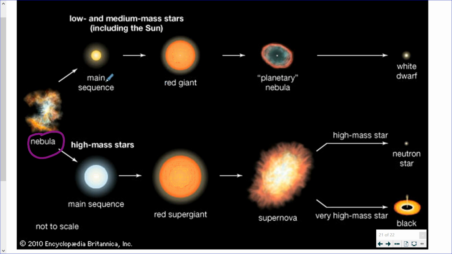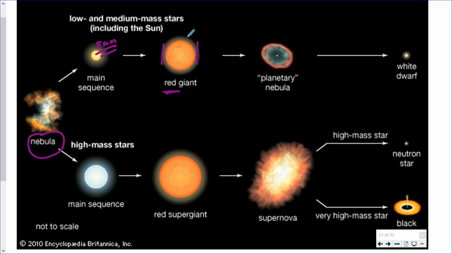For the main sequence stars, and especially if we're talking about our sun, we think that eventually, when it uses up more and more of its fuel, it's going to go through this cycle of expanding and contracting, expanding and contracting. Eventually, it'll reach what's referred to as a red giant, much, much larger in diameter, much, much cooler.